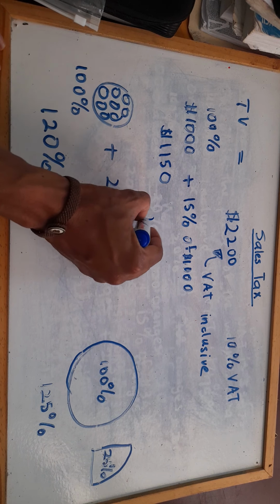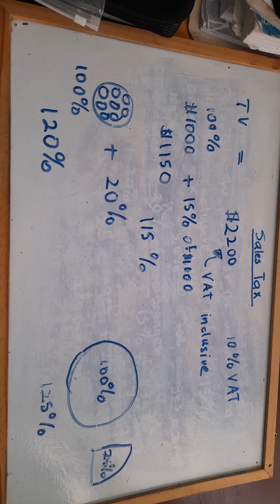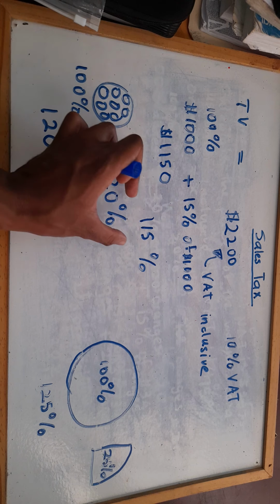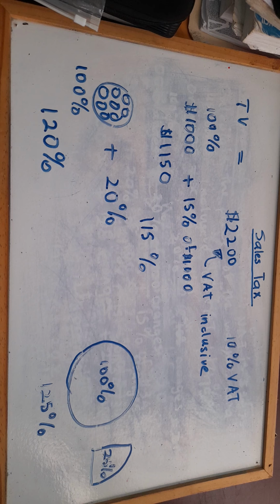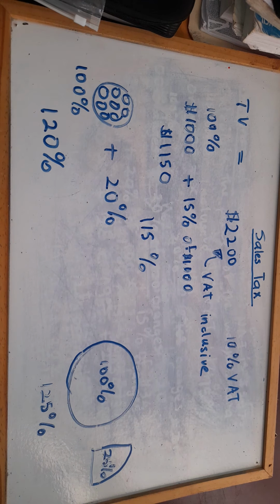So this 1,150 is in actuality 115%. 100% before plus the additional 15% is 115%. Hopefully that is clear, because this concept is what we will use to further solve this problem.